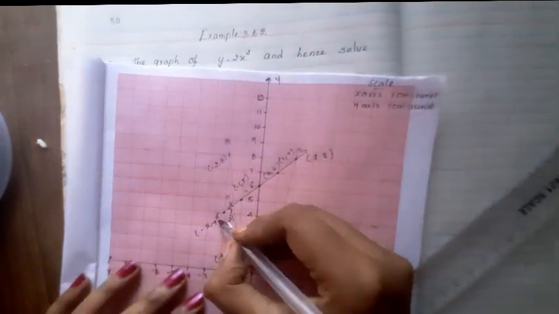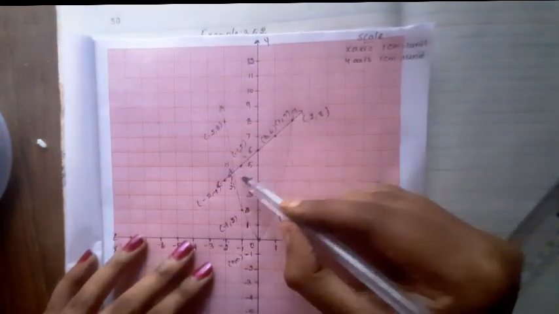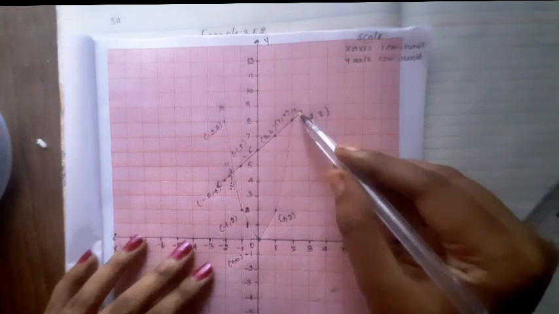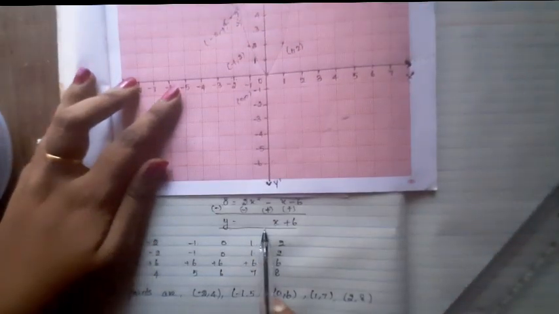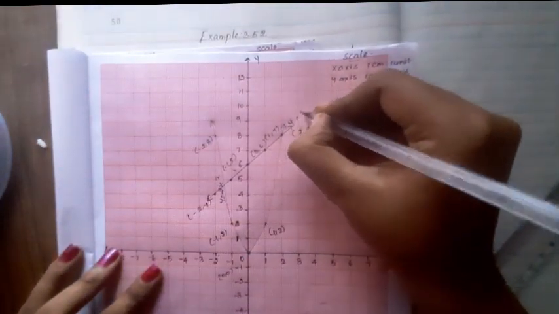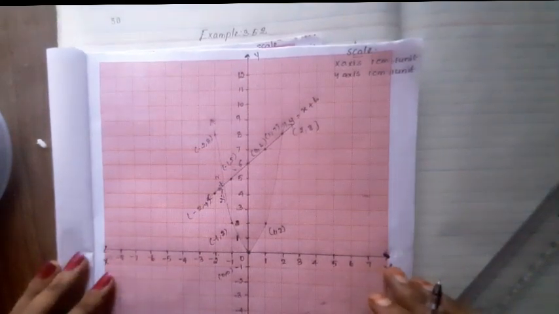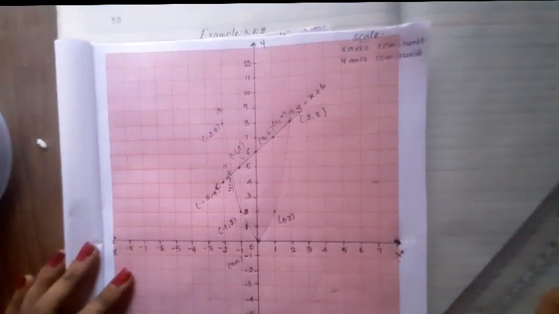Okay, it's a straight line. After drawing that, you have to write the equation on this straight line. We got the straight line using the equation y equal to x plus 6. Just write y equal to x plus 6. Clear?